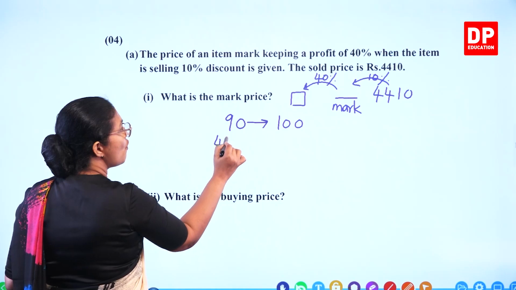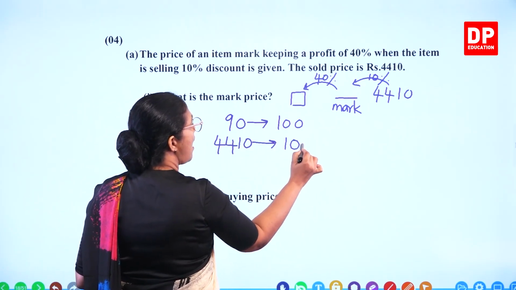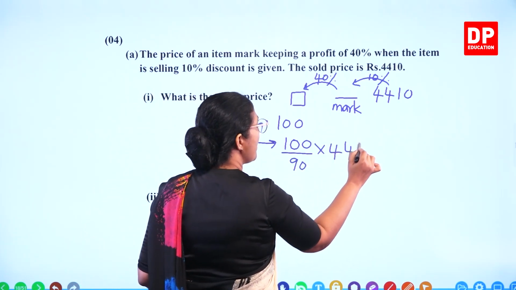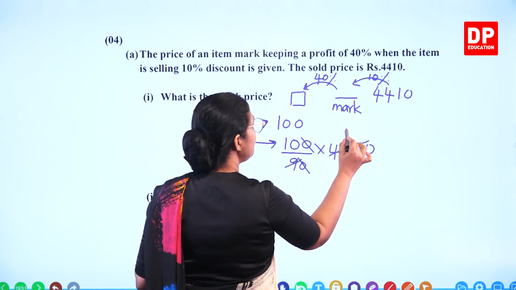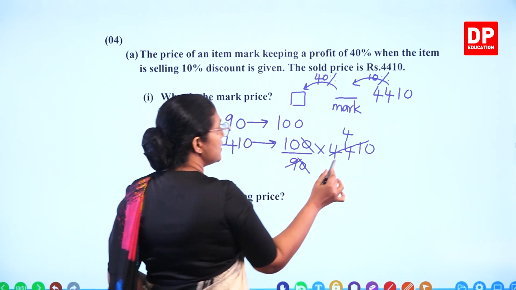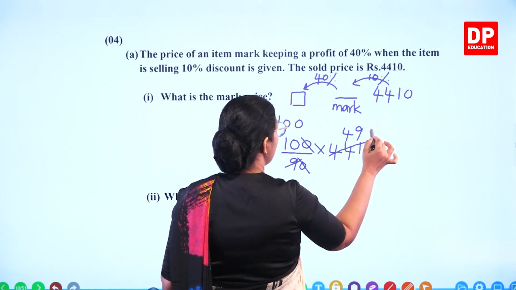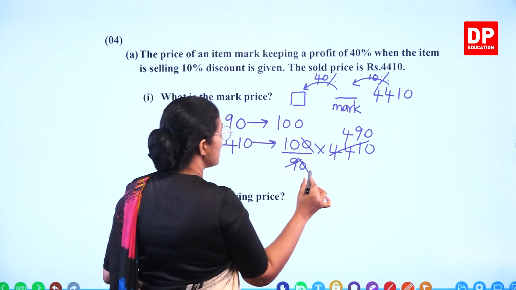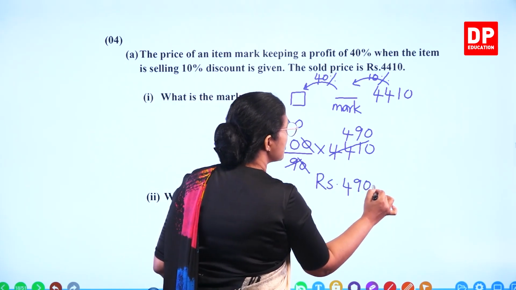And if you are selling for 4,410, what's the buying price? 100 divided by 90 multiplied by 4,410. 36 and 81, you get 9. So 4,900 rupees is the marked price.